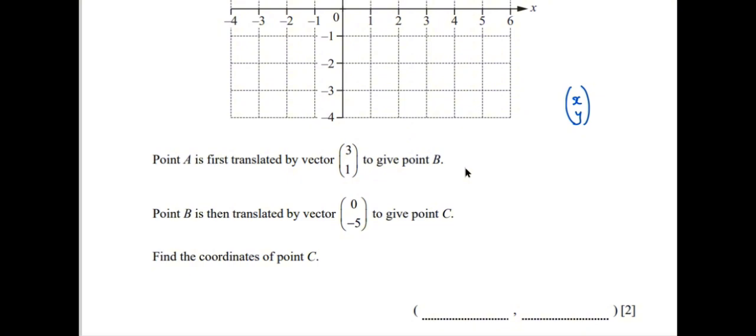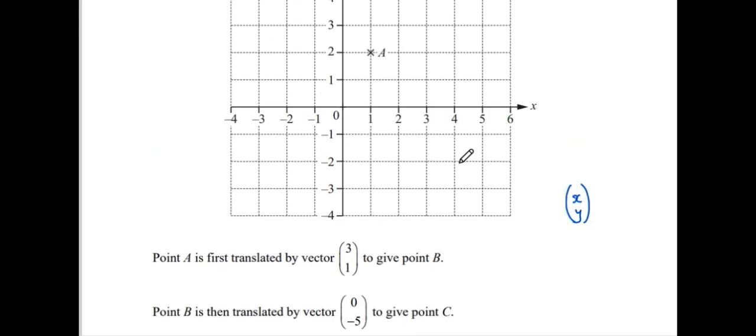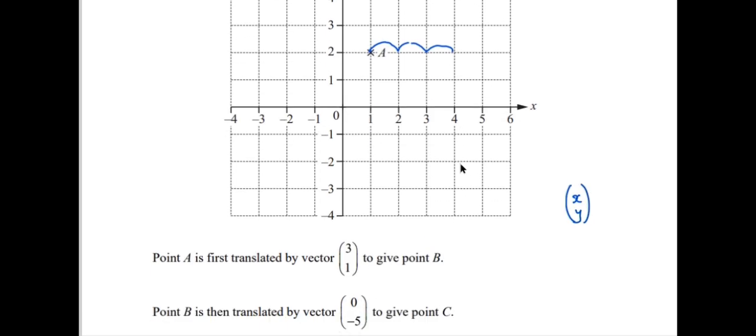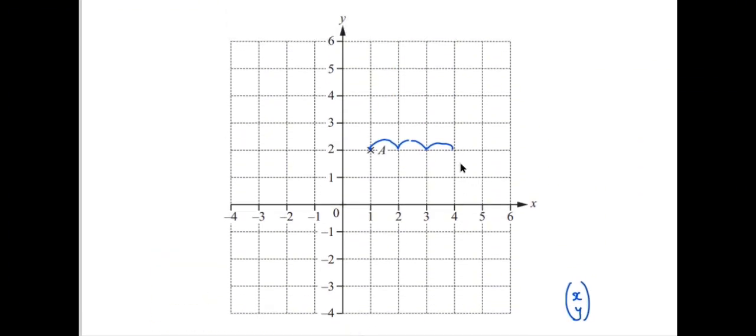Why this one, there's no movement in the x-axis, but there's movement in the y-axis. So let's make the translation 3 and 1. From A, positive 3, so we have 1, 2, and 3. Then we have 1 step on the y-axis, that's 1 here.